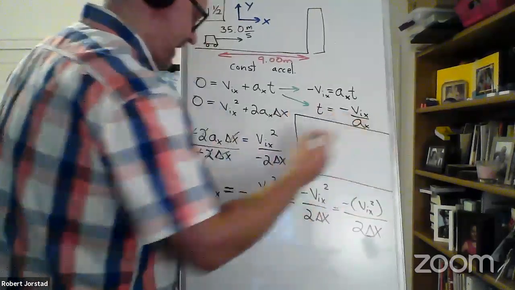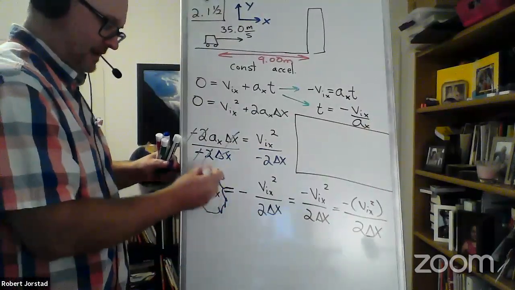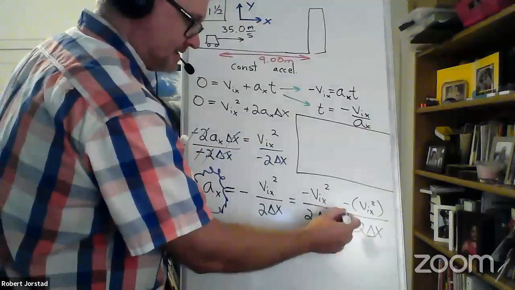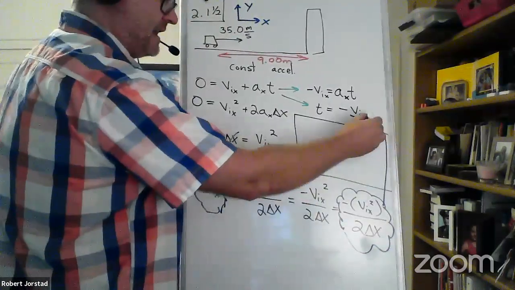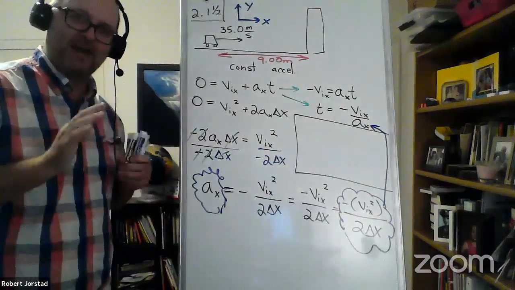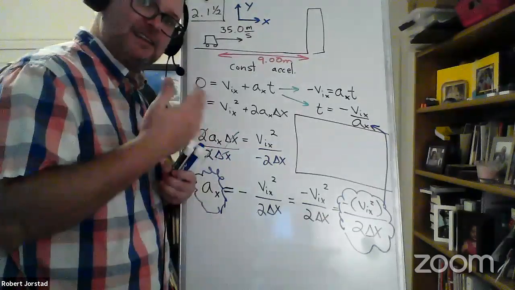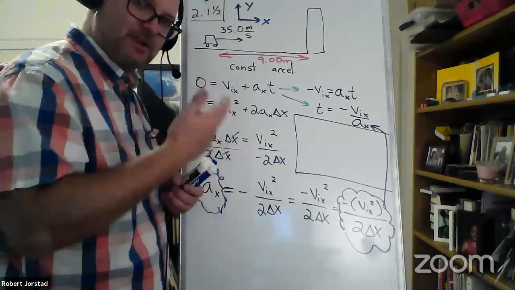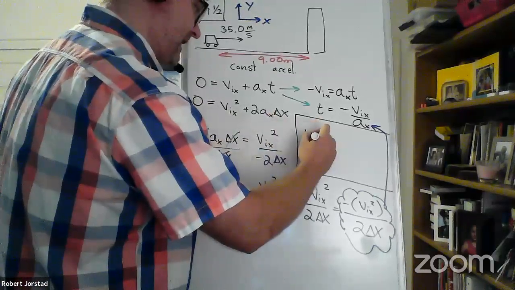So again, what is my goal? I just figured out this thing here, and that is this. What I want to do is shove that in right here and make an algebraic expression for the time rather than plugging in the numbers. Why? Because I can check it before I plug in the numbers and make sure I didn't screw up. It's one slight advantage.